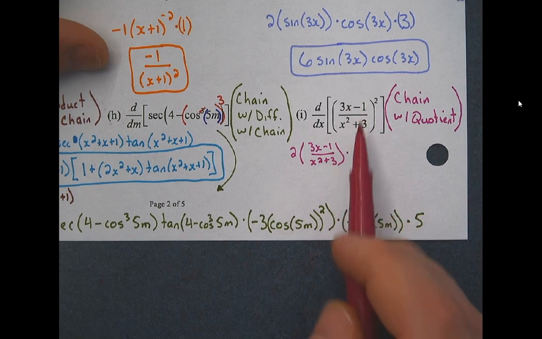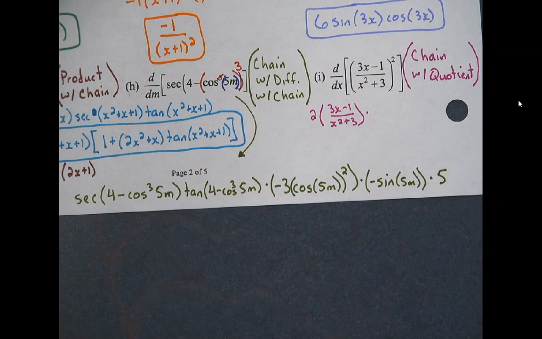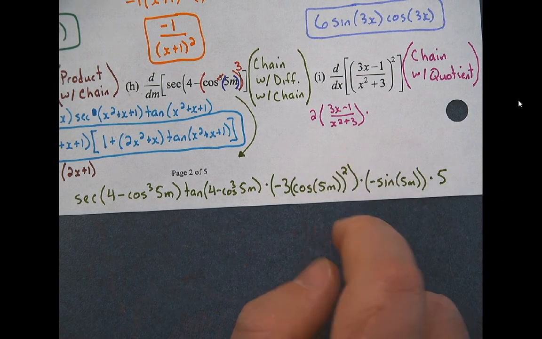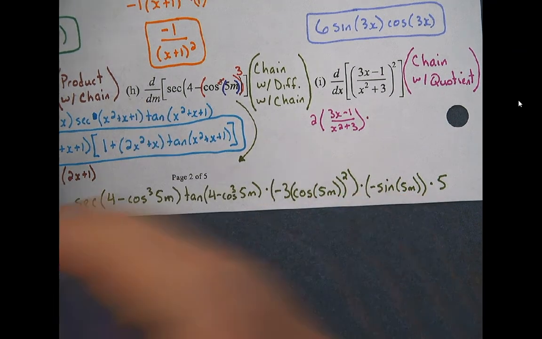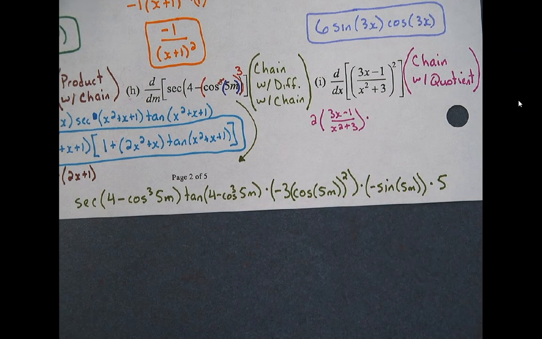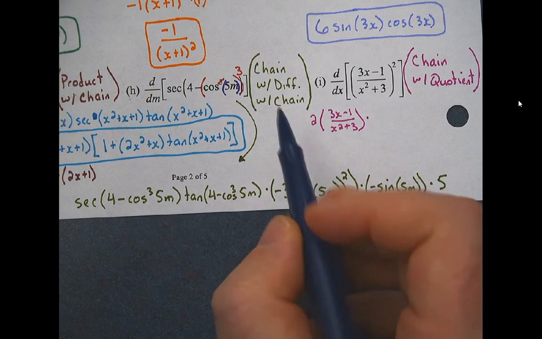Well, the derivative of this is a quotient rule. So I'm going to now do quotient rule. I need a different color; this dark blue.